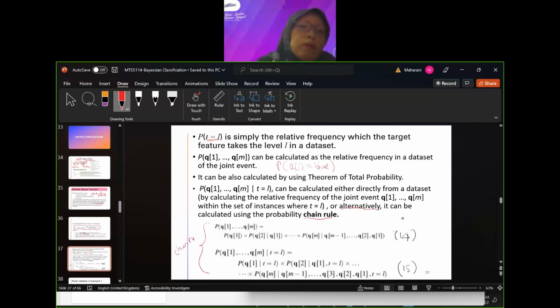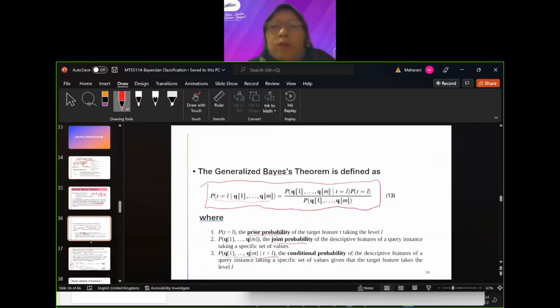Do you remember the chain rule in differentiation? It's similar to that. So the probability of Q1 until Qm equals, by the definition of the Bayes theorem, if you look at equation 13, and you want to compute the denominator, the probability of Q1 until Qm, this one actually equals all of this divided by the left one. So we use that one.